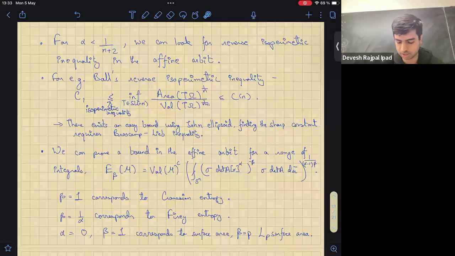For beta equals 1, this is the same as the Gaussian entropy, which we have considered before. For beta equals 1 over alpha, this corresponds to Firey entropy. Although this will not be used in our flow, for alpha equals 0, which corresponds to no flow, beta equals 1 corresponds to surface area, and beta equals p corresponds to Lp surface area.